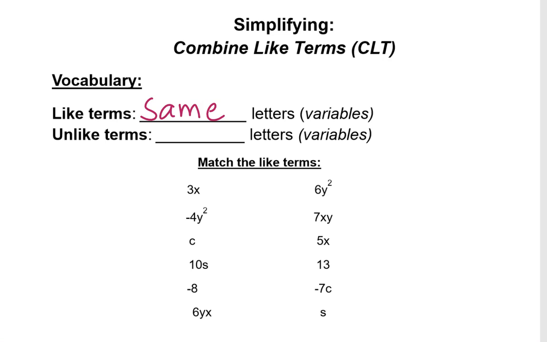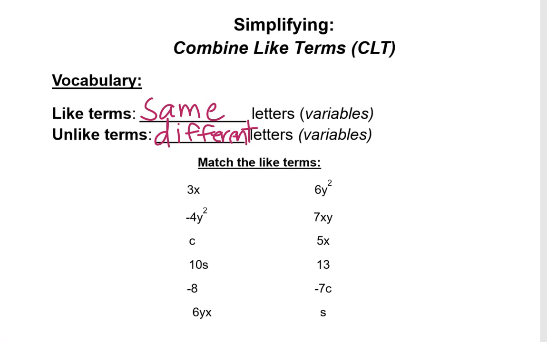On the contrary, if they are unlike terms, then they have different variables. Don't freak out with the word variables, it just means letters, okay? So different variables. Now let's match like terms before we start combining.